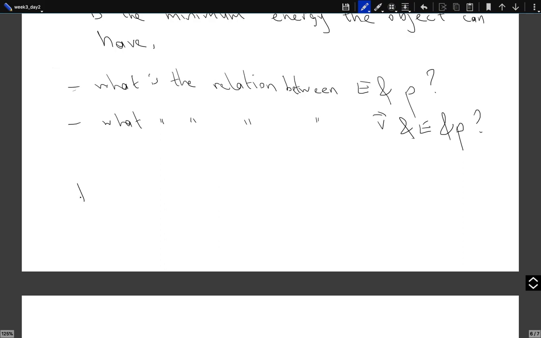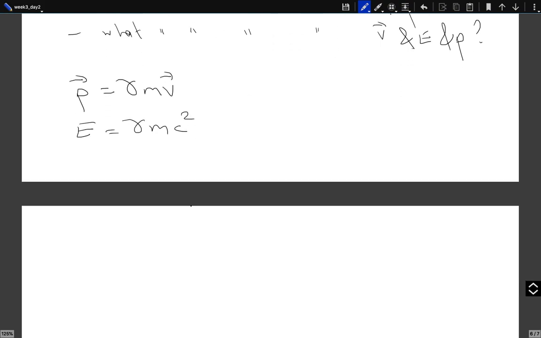So let's see. We have the momentum. We define the momentum as gamma m times v. Then we have the energy, which is gamma m c squared. Well, let me start with taking the momentum squared. Well, momentum squared is gamma squared m squared times v squared. Or before looking at that, let me look at something else.